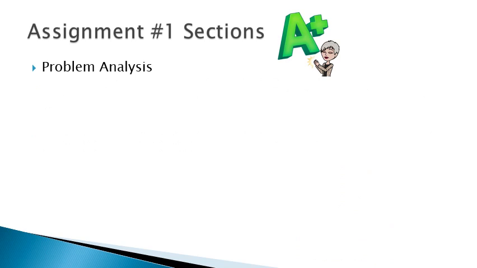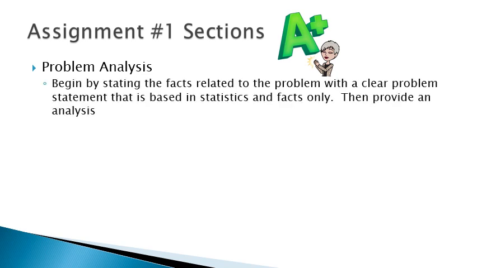Okay, and then the first section that you're going to come to is that wonderful problem analysis you have all been working on this whole time. Remember, this is stats and facts only, and then your analysis. So you're going to start with, in 2017, X number of something happened. Now, of those, begin addressing things like the who, what, when, where, why, and how. Okay?